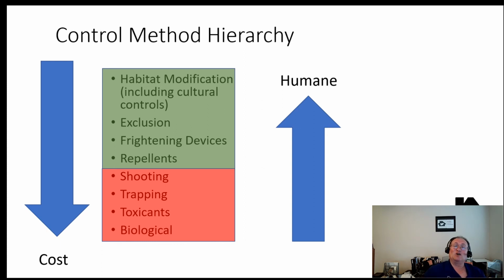The last category is we're going to call biological. Biological is where you are using either a disease or an insect or some sort of a predatory animal to drive away or kill the animal you don't want. For example, a lot of people think, because there's so much mythology in our country, like I call it Santa Claus talk, right? They think cats control mice.